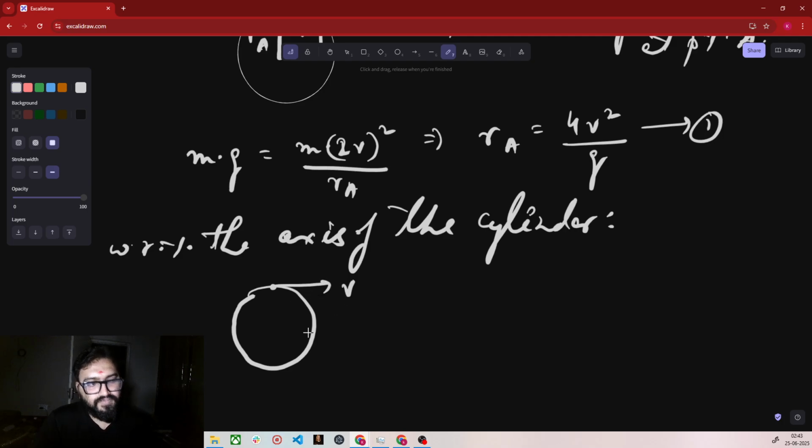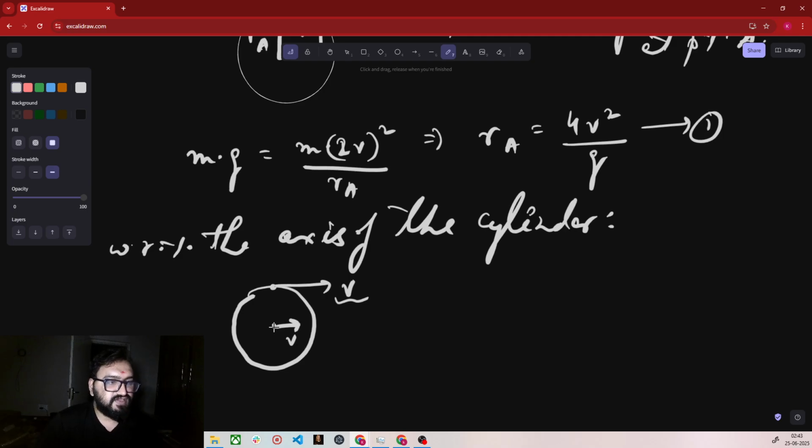It will be equal to v, right? Because the translational component will get cancelled, because with respect to ground, the translational component of the axis of the cylinder is v, and the translational component of the point A is equal to v. So with respect to the axis of the cylinder, the translational component of the velocity at point A will be equal to 0. So there will only be a rotational component of velocity, which will be equal to omega r, which is v.